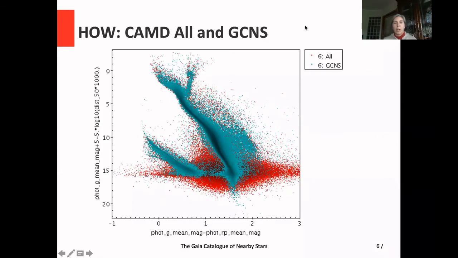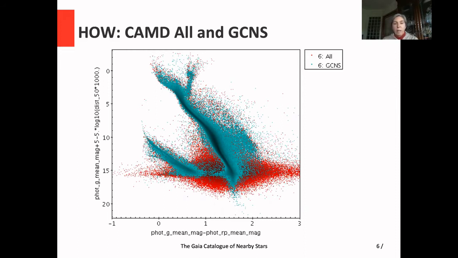Another independent check of the performance of our classification was to examine the position of all stars in a color absolute magnitude diagram, which captures the relation between luminosity and color for stars of different masses and at different stages of evolution. We clearly see that the blue points representing good astrometric solutions trace the main sequence, the giant branch with its red clump feature, and the white dwarf evolved sequence with a low level of contamination.